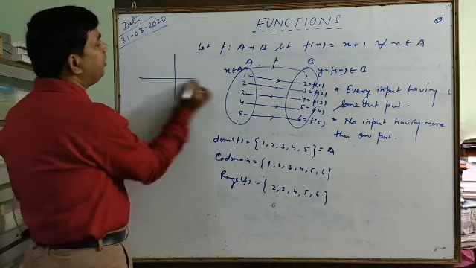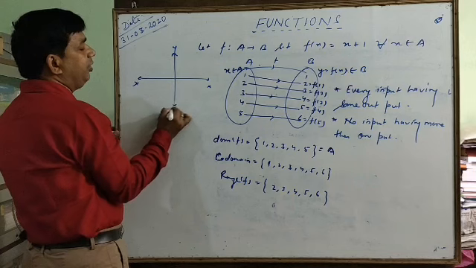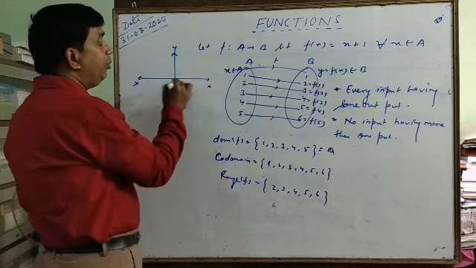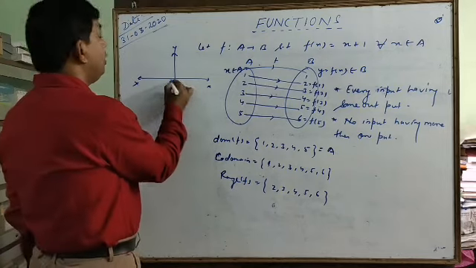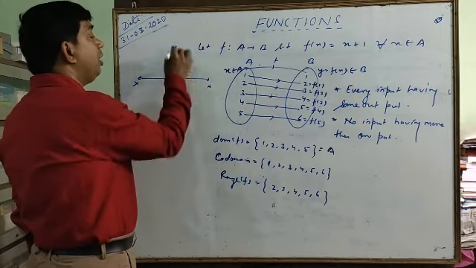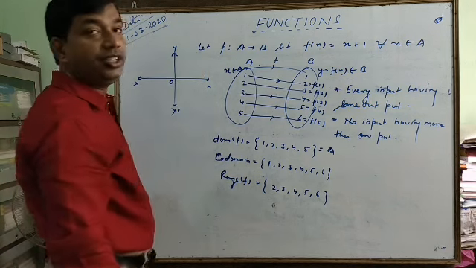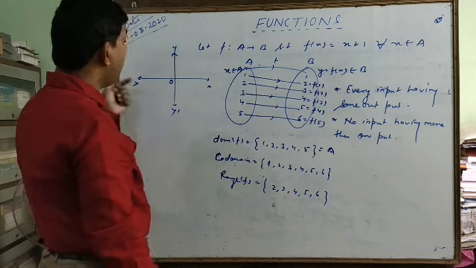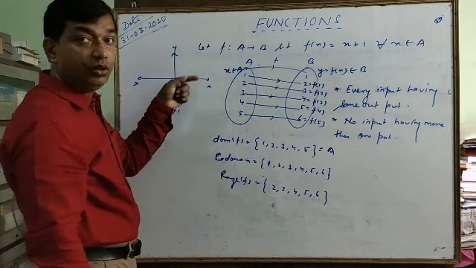Suppose this is the x-axis, this is the y-axis. Where do we take the inputs? In the x-axis, in abscissa. Output will come from the y-axis. So the y-axis is treated as codomain, and the x-axis, because it is the input device, we can take it as domain.